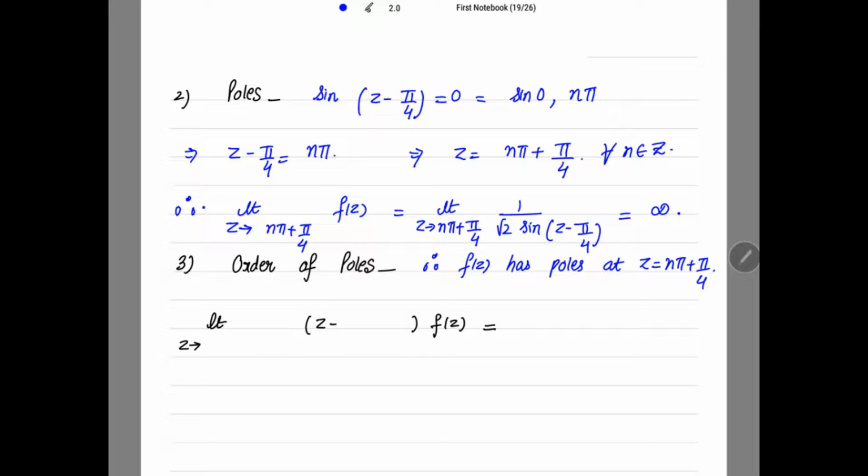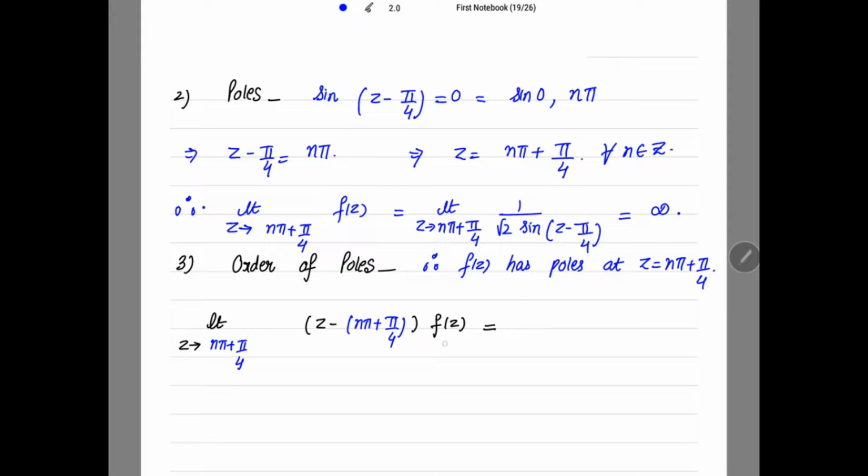So let's start with order 1. So I am taking my point to be where I am getting the poles. So put limit z tends to n pi plus pi by 4. This is your a. So I am putting in brackets z minus a. So a is n pi plus pi by 4. (z minus a) f(z).